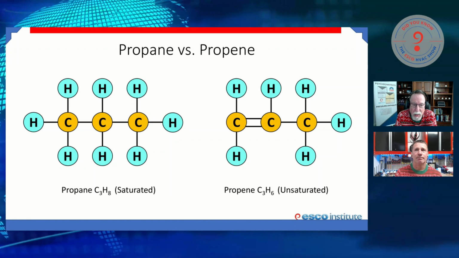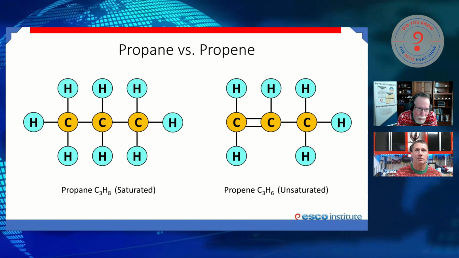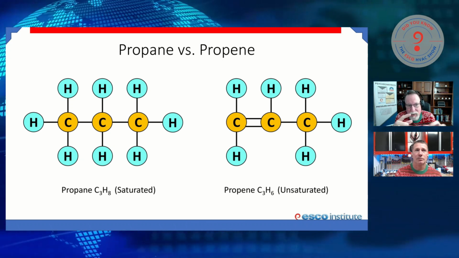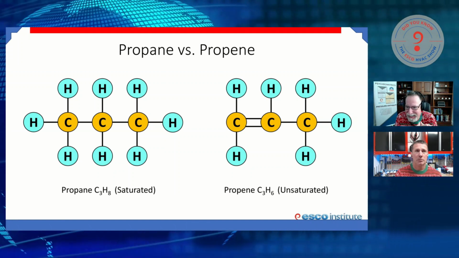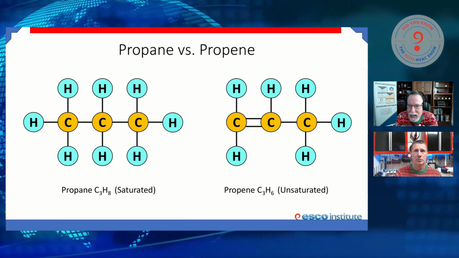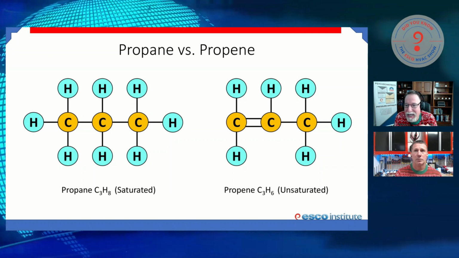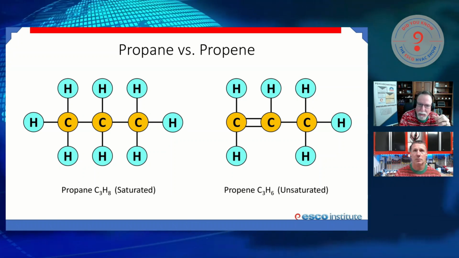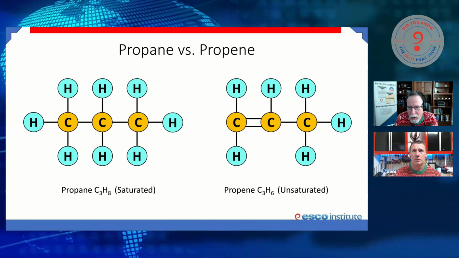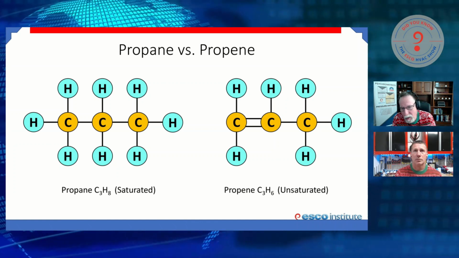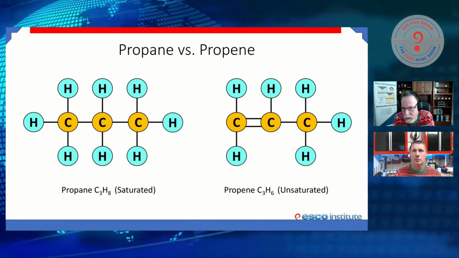So this is where it gets really, really crazy. On the left, you have propane, C3H8. Propane has 8 hydrogen atoms bonded to those 3 carbon atoms, and hence it is saturated. Can't hold any more hydrogen. Look at the molecule on the right. That's propene. The ene, E-N-E, refers to that double bond. Notice those 2 left-hand carbons, there's a double bond. So the carbon on the right is bonded to 4 atoms, 3 hydrogens and the center carbon.